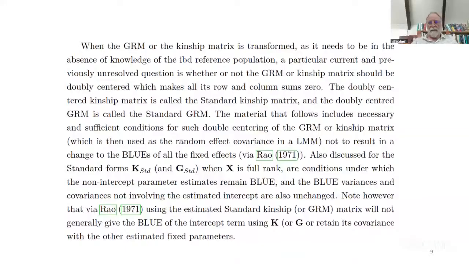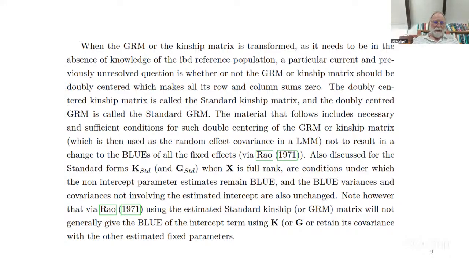So this is kind of a possible paradigm change, if people will listen, because what we're basically saying is that the standard way of doing things can be improved. It's not that the standard one is completely wrong. It does allow you to get the right estimate of the slope and an estimate of its variance, and that's the slope corresponding to the SNP, which is usually the most important.